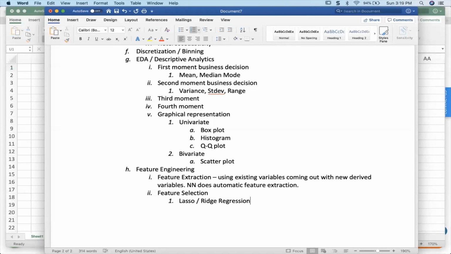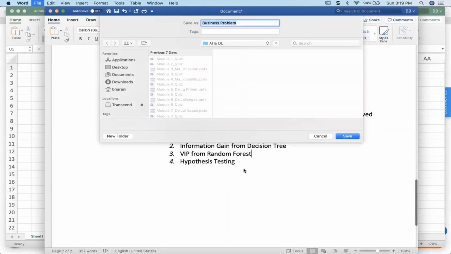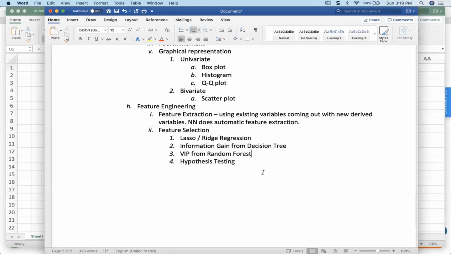Then you have information gain from a decision tree, then the variable importance plot from random forest, and then you can use hypothesis testing. All these are classic examples of feature selection.